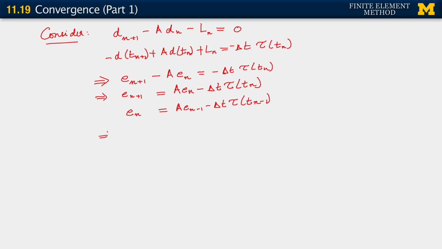But what that implies is that on substituting E as written here in that expression, I get E at n+1 equals A squared E at n-1 minus A to the power 0 delta t tau at t^n, minus A to the power 1 delta t tau at t^{n-1}, and I just realized that here it is just t^n.